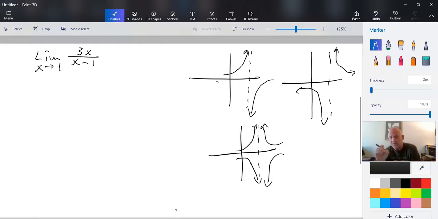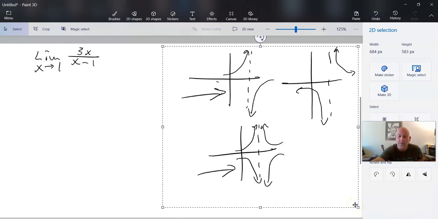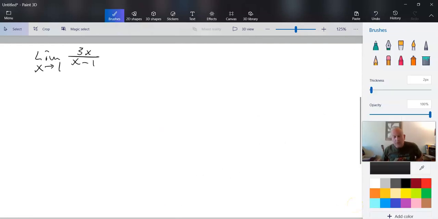If we have a discontinuity that's not removable, what we're trying to figure out is is it going different directions like this, or are they going the same direction? If they're going the same direction, which direction? And that's my limit. So that's what I'm going to try to figure out here. I know I have an asymptote one way or another because of that discontinuity. So I'm just trying to figure out which kind of asymptote I have.